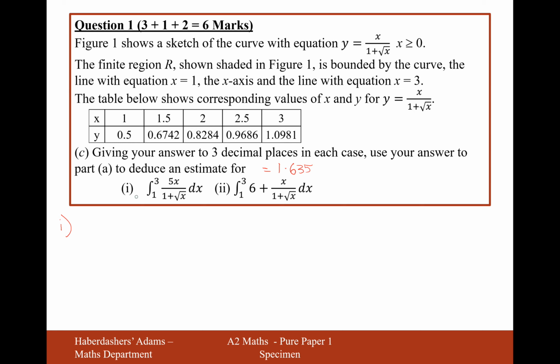Now what we can do when there's a 5 scale factor multiplier is just pull it out to the front. So I is going to be equivalent to 5 times 1.635. So grab your calculator, 5 times 1.635, that gives you 8.175. So that's your answer to part I.